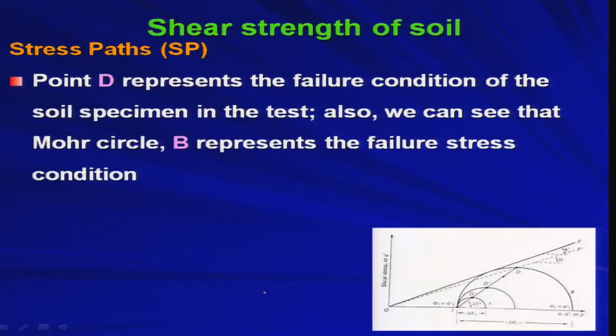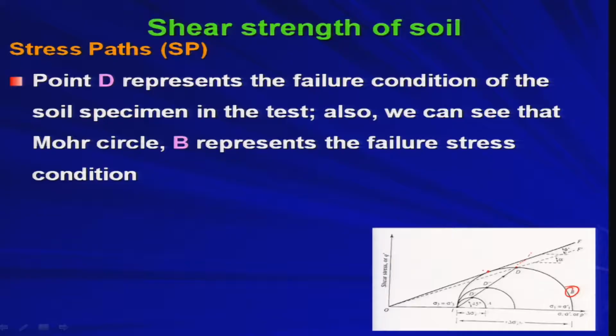Now, point D represents the failure condition of the soil specimen in the test, agreed, because when you reach point D, after that you cannot extend the stress path, because the soil has already failed. When you reach point D, the specimen tells you I have failed in the test.